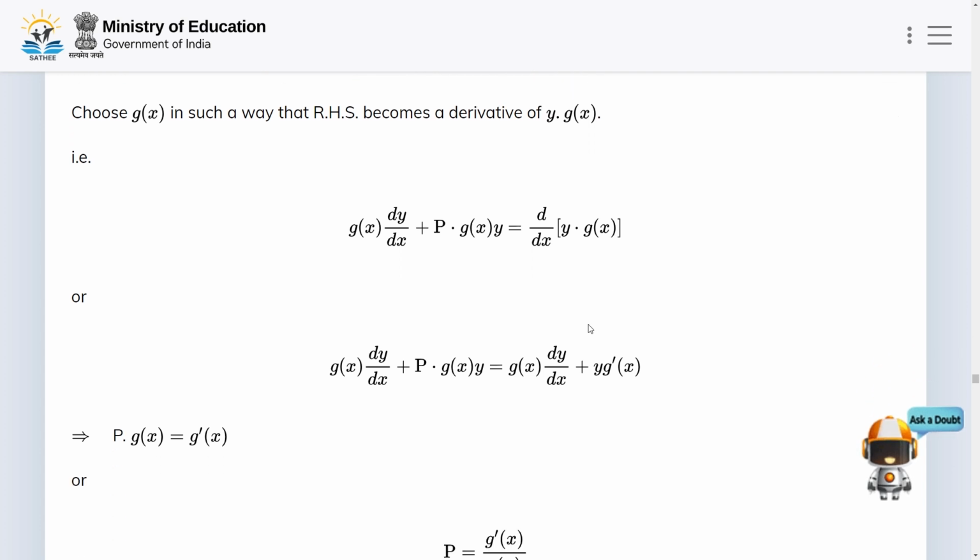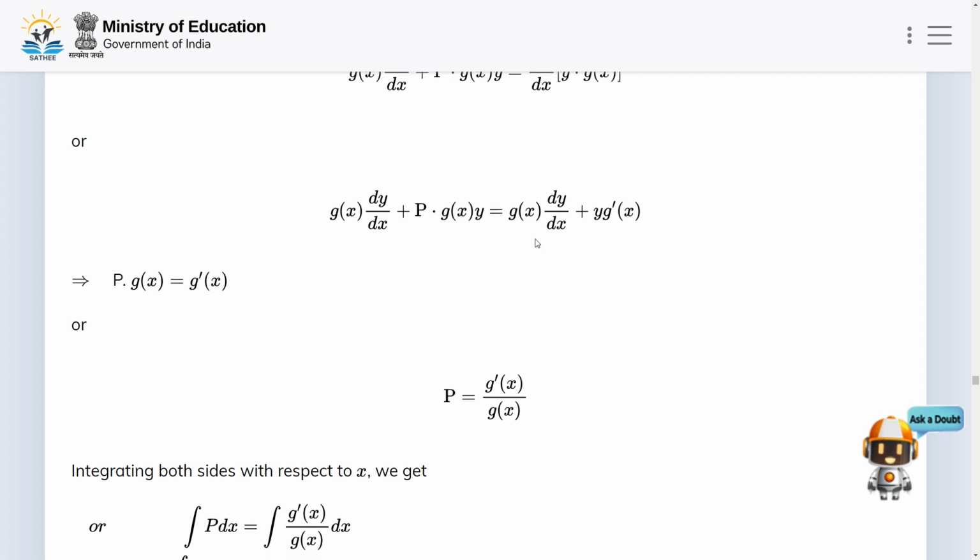Now what you have to do is differentiate it. You will get g(x) dy/dx plus y g prime(x). Now if you try to see, this term is going to be the same as this term.